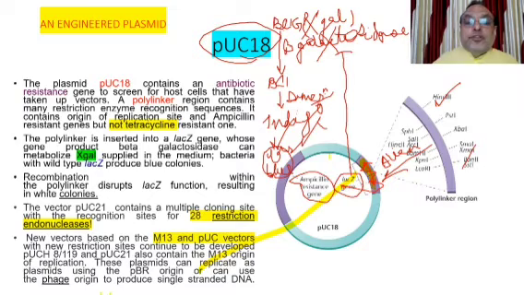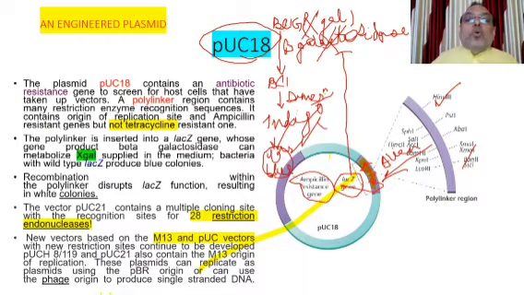So mind my words. When we have an unaltered lac-Z site, that is, in the case of a normal plasmid, where we have not integrated the DNA of our choice, what is happening? The lac-Z gene is producing beta galactosidase, and this beta galactosidase is acting upon a substrate which is present there.